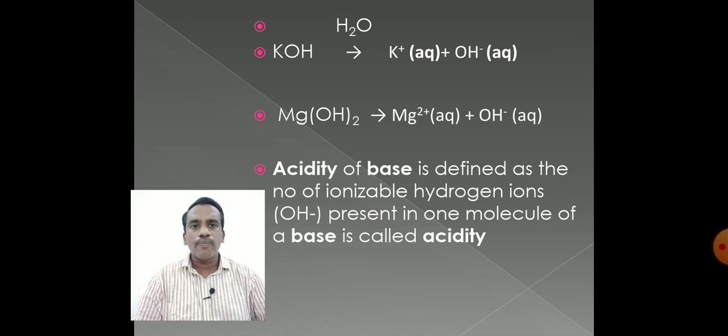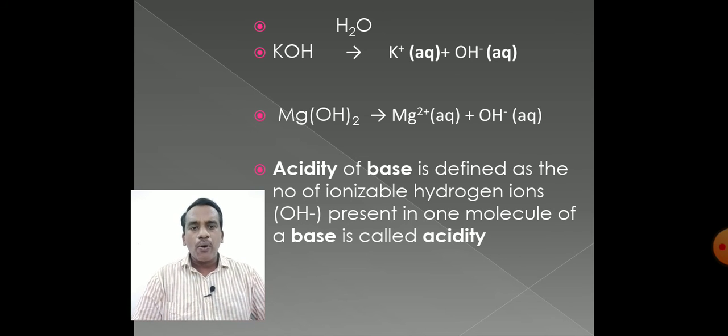Please observe there. The acidity of a base is defined as the number of ionizable hydroxide ions present in one molecule of a base. See, there is a word correction here. It's not hydrogen ions. It is hydroxide ions present in one molecule of a base. Can you explain what is the acidity of potassium hydroxide?